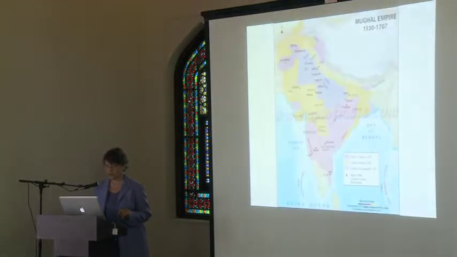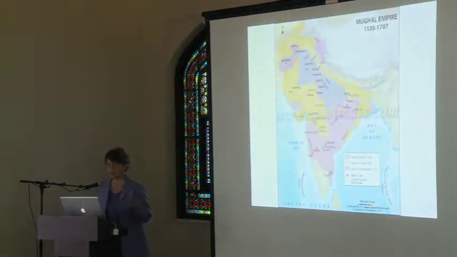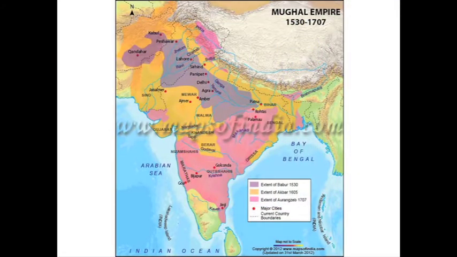So just to orient us, the Mughal Empire was in its strength from 1530 to 1707 and covered much of what is now India, Pakistan, Afghanistan, and Bangladesh. And there were three major phases to its development.